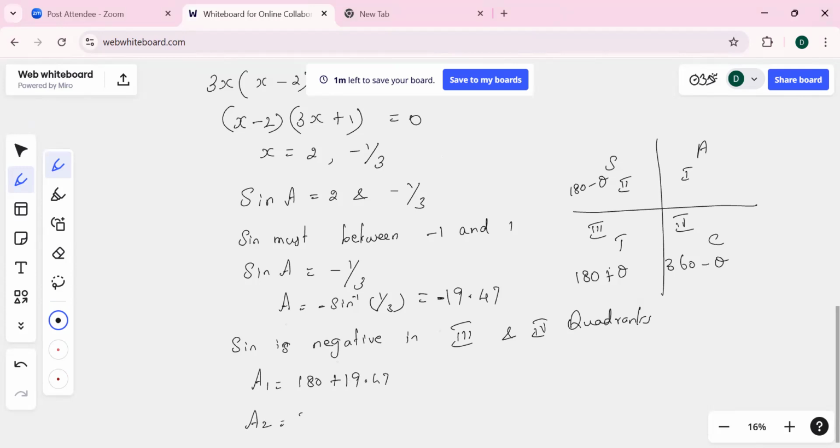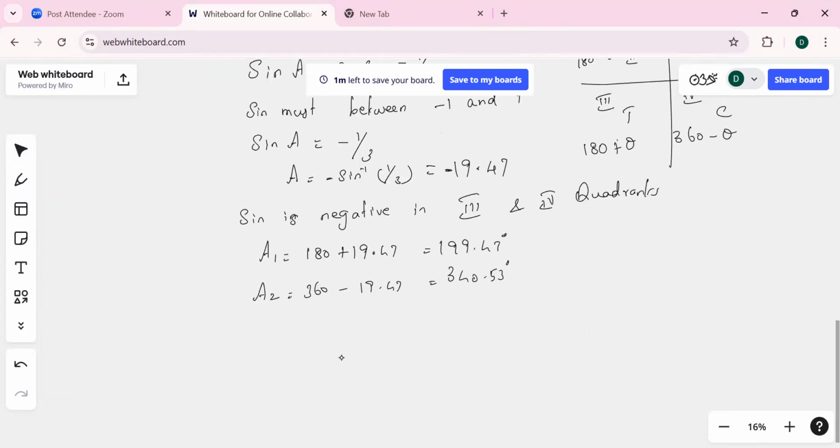Another one is 360 minus 19.47, which is 340.53 degrees. So this is the final answer.